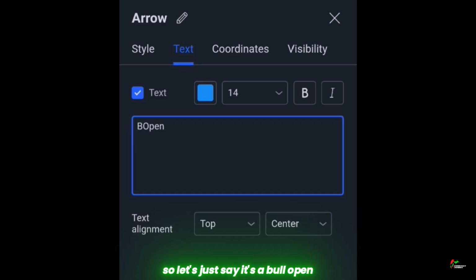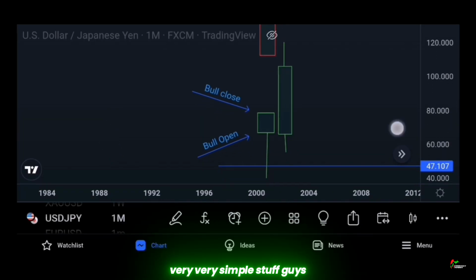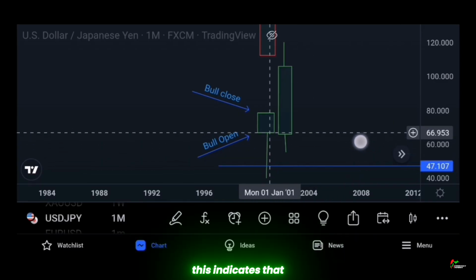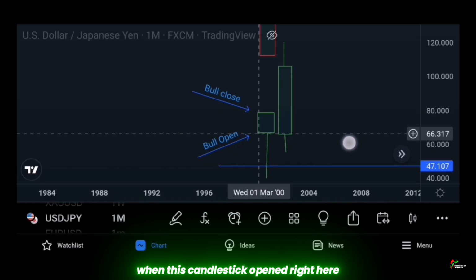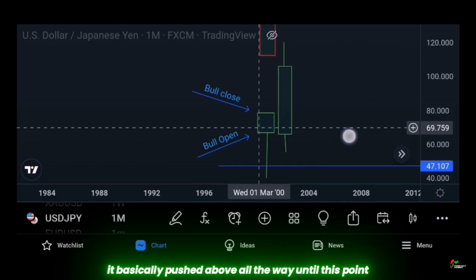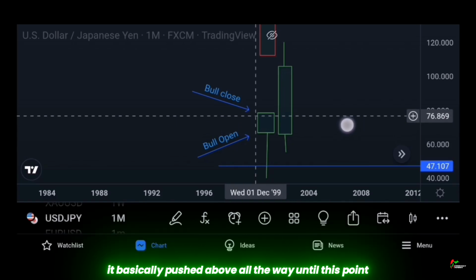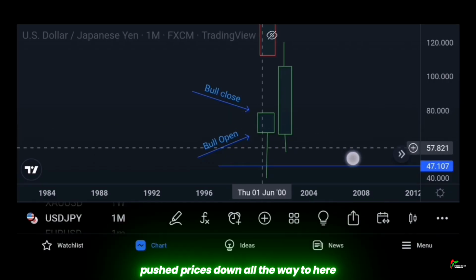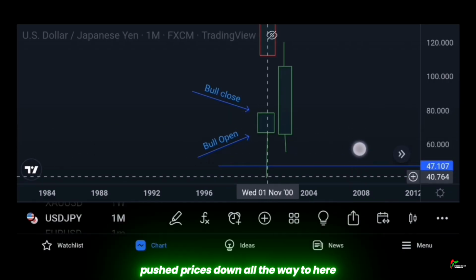Let's just say it's a bull open and then it's a bull close. Very simple stuff, guys. When you see this wick, it indicates that when this candlestick opened right here, it pushed above all the way until this point, and then the sellers came in and pushed prices down all the way to here.